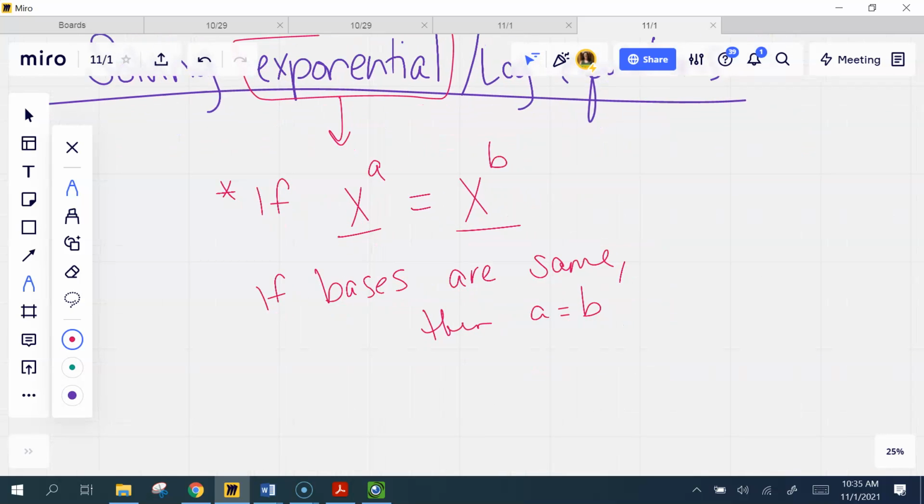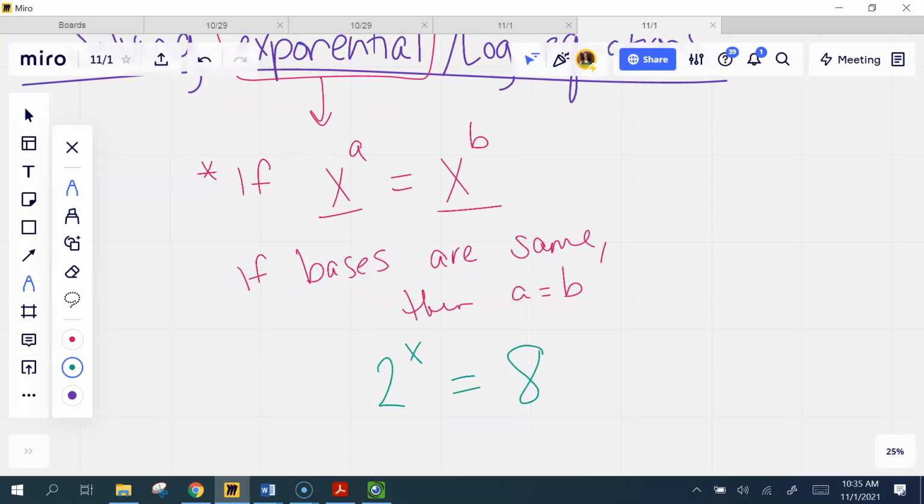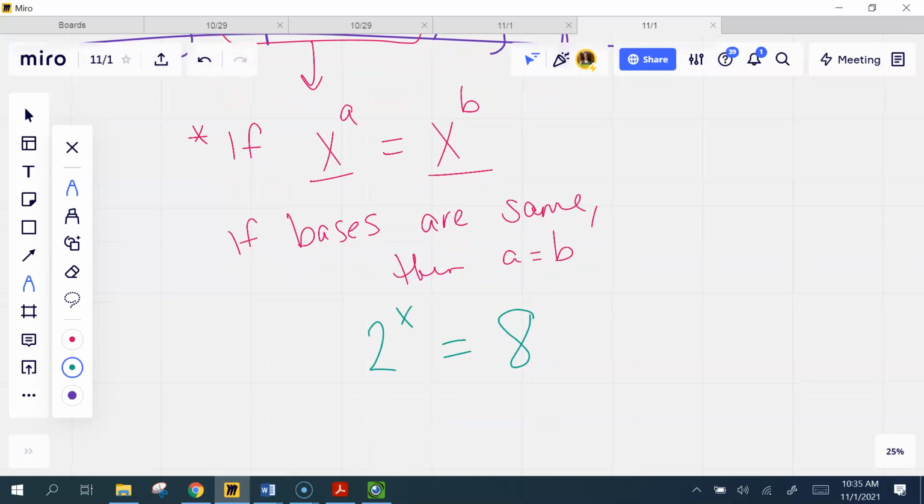So, for example, if I had 2 to the x equals 8. It's 3, and this is really easy. We're going to do a little bit harder one in just a second. But when we did this in Algebra 2, I called this base manipulation. Y'all remember that?